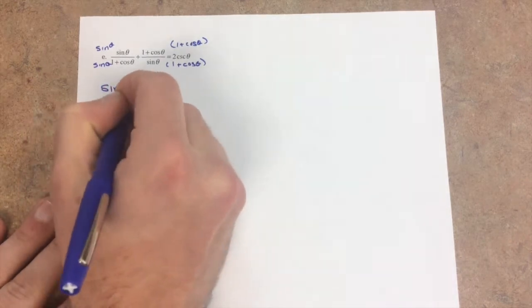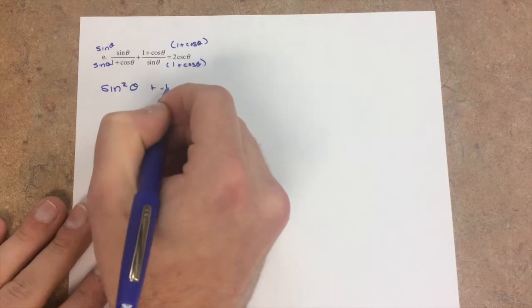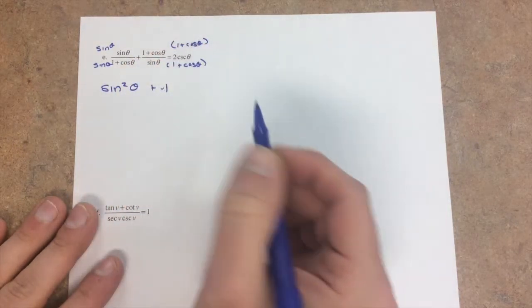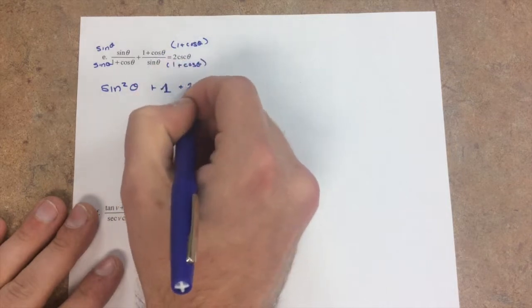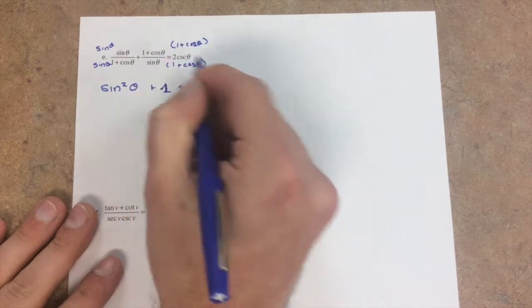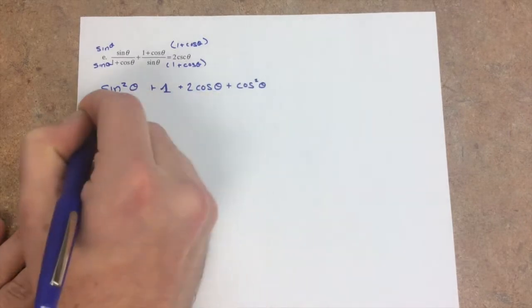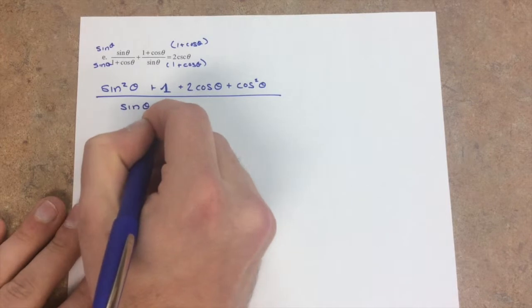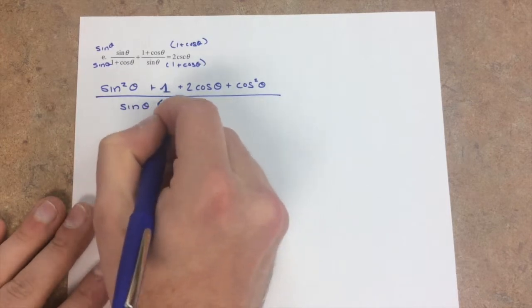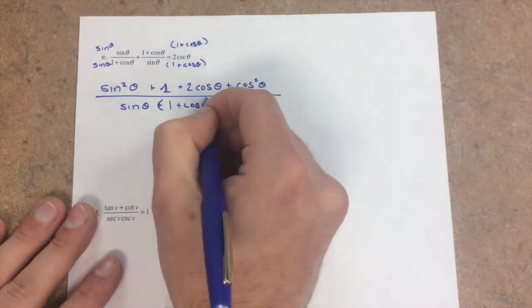When we do that, we get sine squared plus, well, this top becomes, we're going to multiply these. So 1 squared, or 1, plus 2 cosine theta plus cosine squared theta all over sine theta times 1 plus cosine theta, which was our common denominator.